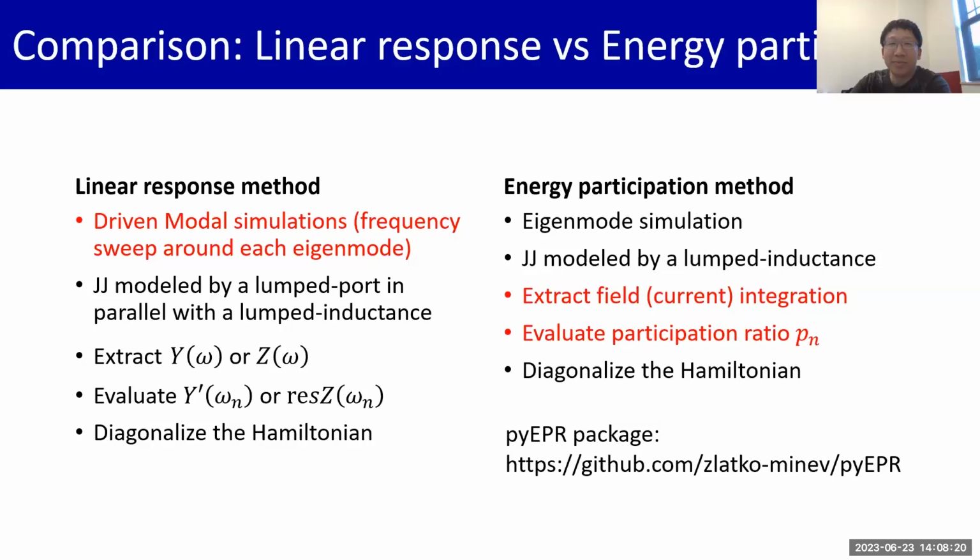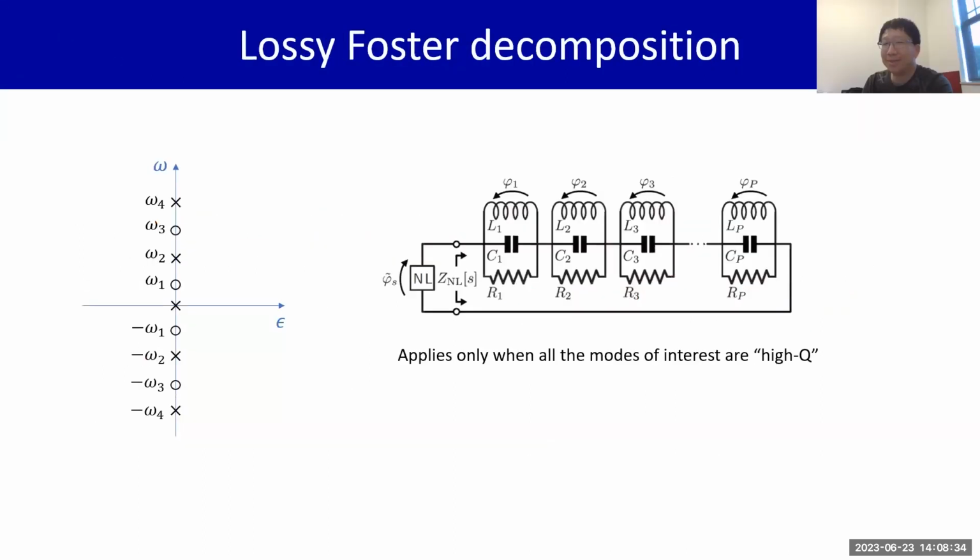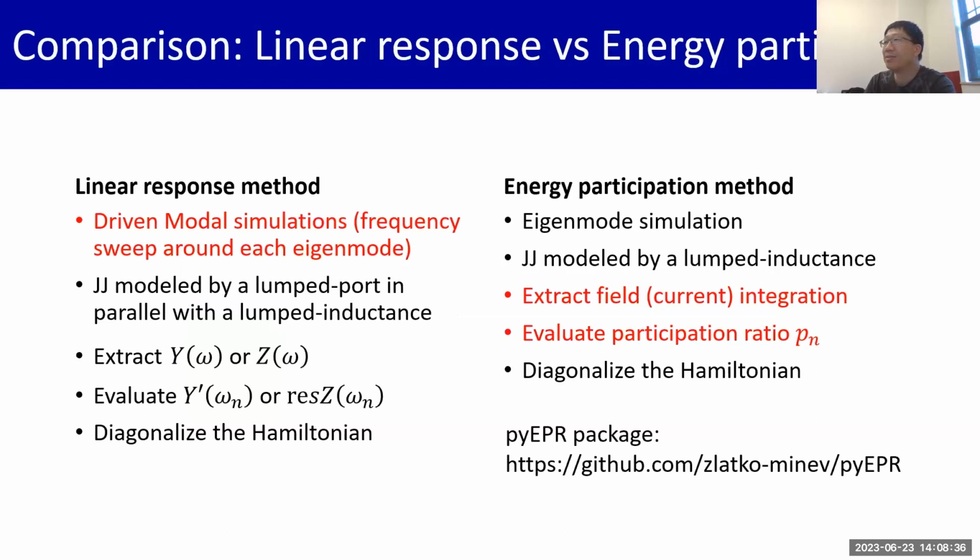Okay, so can you give some typical idea of common values of the energy participation ratio coming out of your simulations? Yeah, for a typical qubit cavity system, which is what I'm planning to show you next, when you think of a 3D transmon, almost most of the inductance comes from the junction LJ itself, right?